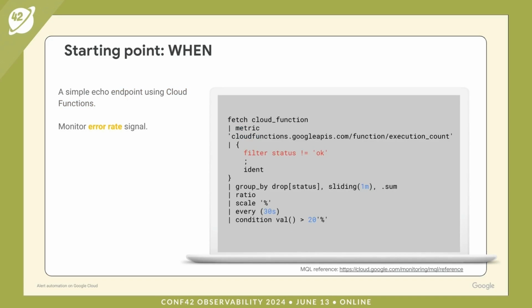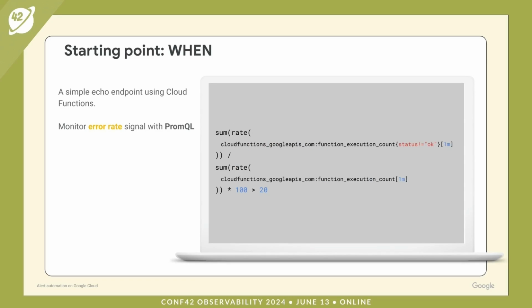The alerting policy condition can be implemented using the proprietary Cloud Monitoring query language. As you can see, it requires some deciphering. To make it easier, let's look at the same condition written using Prometheus query language. Cloud Monitoring supports querying metrics and defining alert conditions using PromQL.